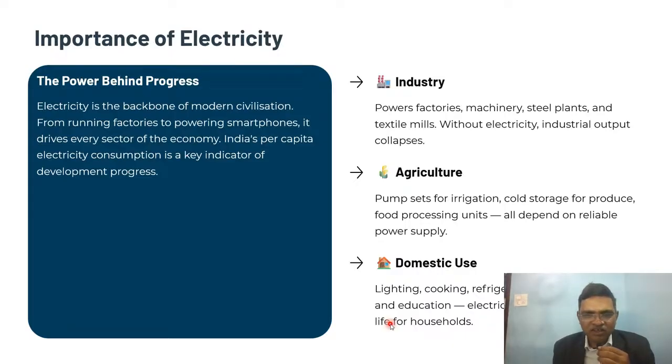Then agriculture: to run pump sets for irrigation, cold storage for produce, as well as processing units, all depend on power supply. Domestic use: lighting, cooking, refrigeration, communication, and education. Electricity gives a quality life for every household. This is the importance of electricity.